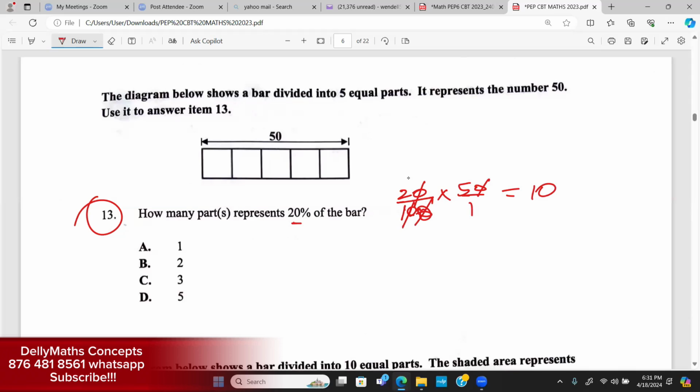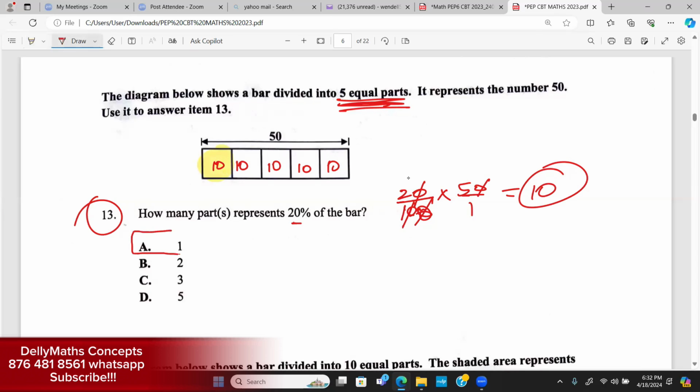Now, when you look at this 50 here, you're seeing that it's 5 equal pieces. Therefore, this is 10, this is 10, this is 10, this is 10, and this is 10. We were told it was into 5 equal parts right here. So this is telling me that 10 would be 20%. How many bars will that be? Well, out of the 5 bars, 10 is simply 1.